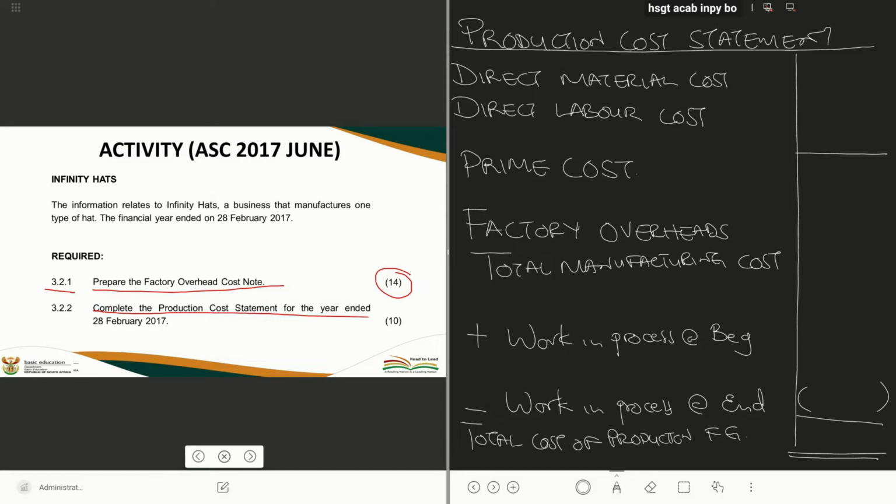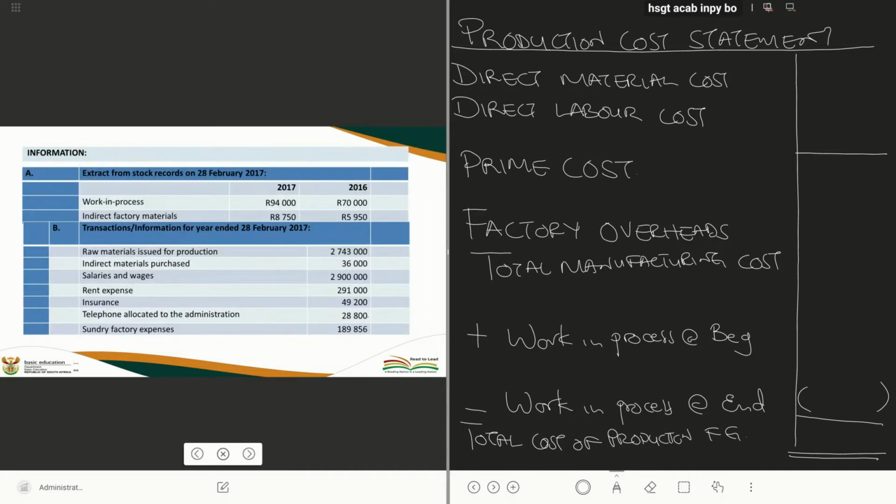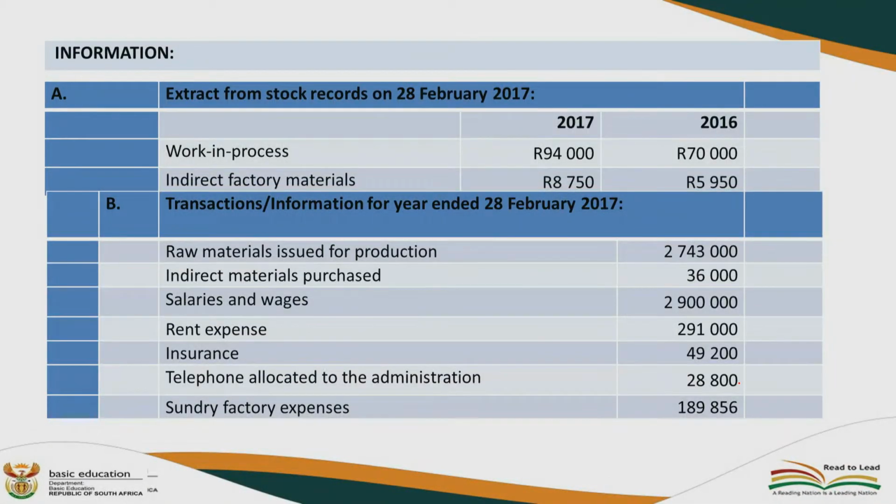Now, I want us to go to our information now. Let's look at our information. Our information, it starts with in the year 2016 and in the year 2017. We have a work in process, and we also have indirect factory materials. Okay, brilliant.